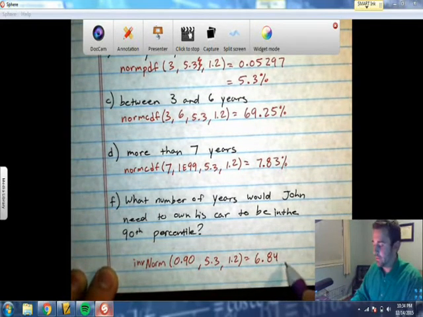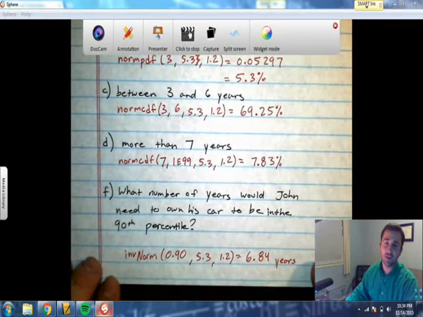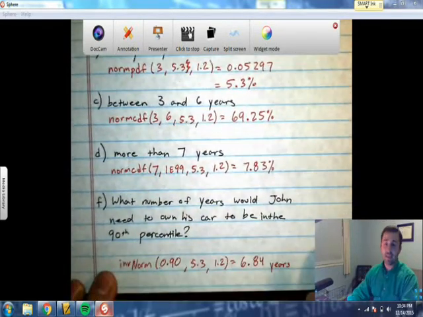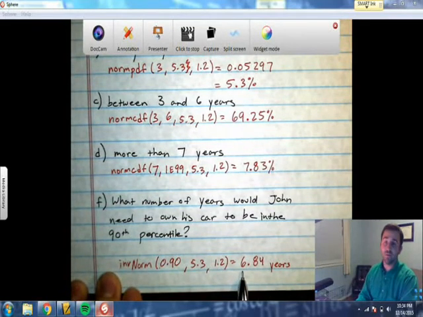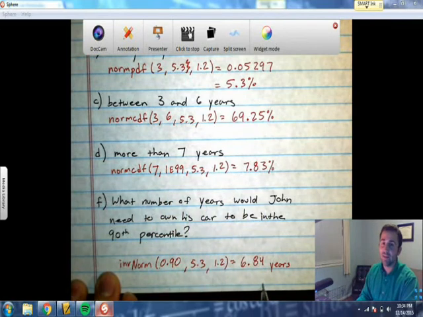That, in context, would mean 6.84 years. So in order for John to be in the 90th percentile, he would have to own his car for 6.84 years, which when you really think about it in context, the 90th percentile is the top 10%. And so if 7 years was 7.83%, it makes sense that the top 10% would be slightly less than the 6.84.